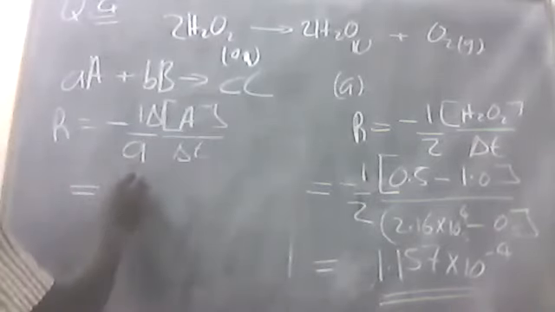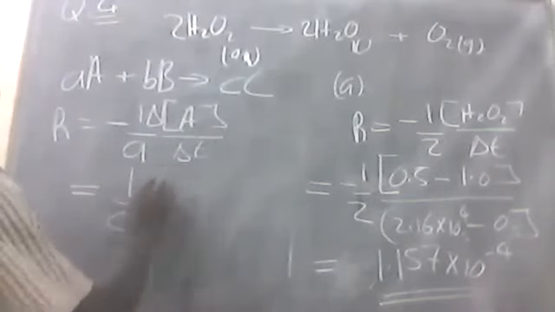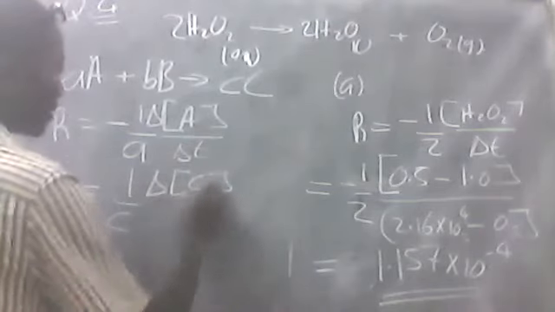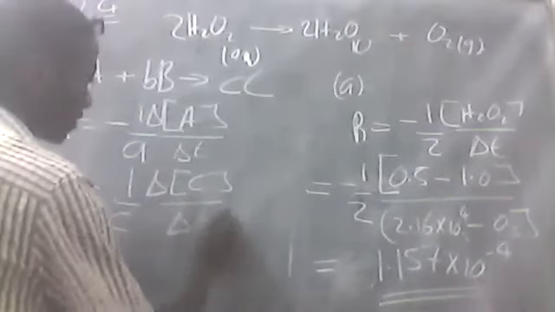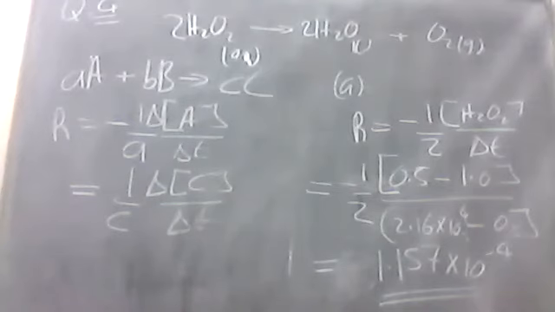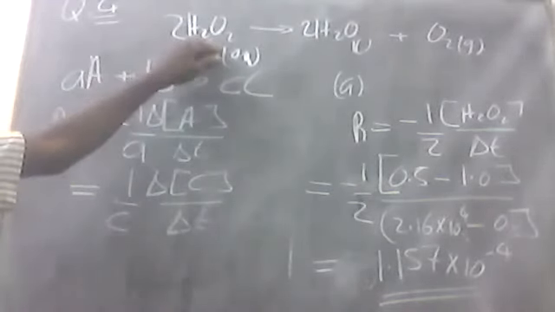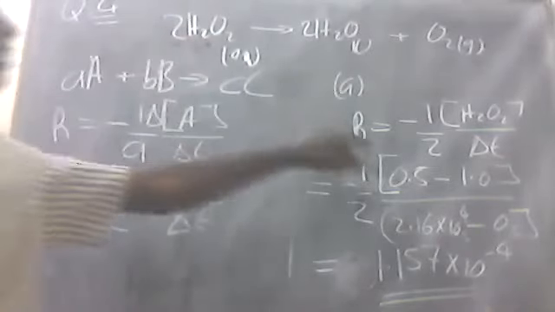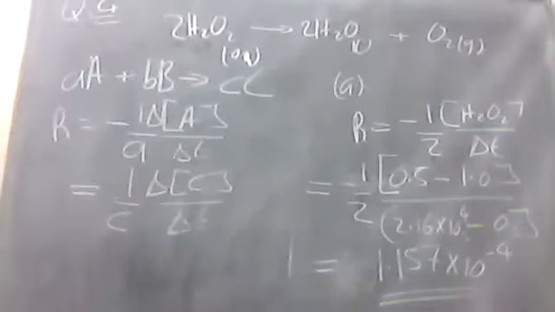For the product, we have 1 over the coefficient of C times the change in C over the change in time. So in this case, for the decomposition of the peroxide, that's where this 2 is coming from.